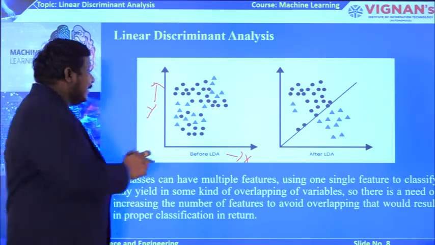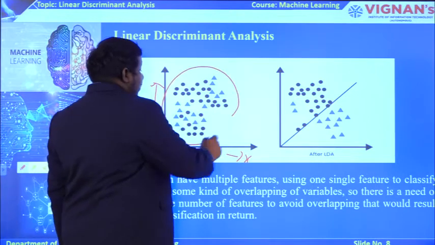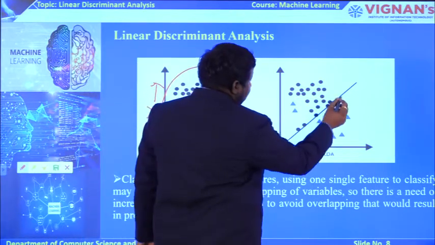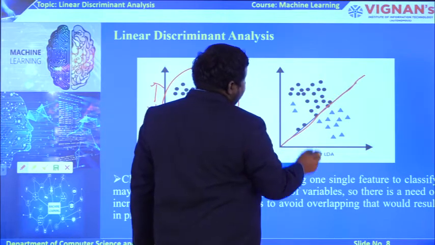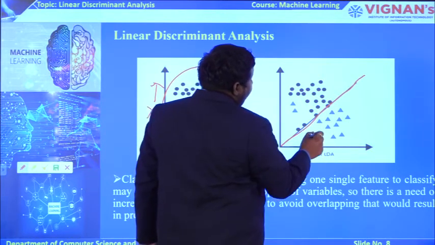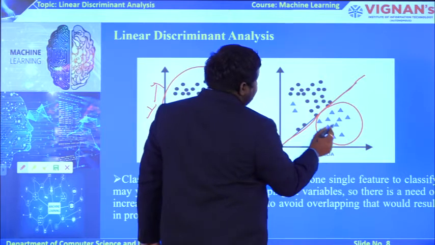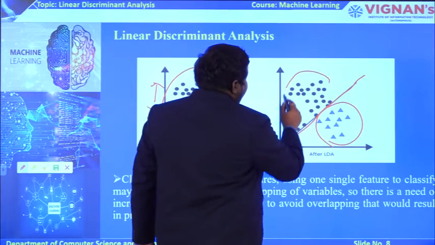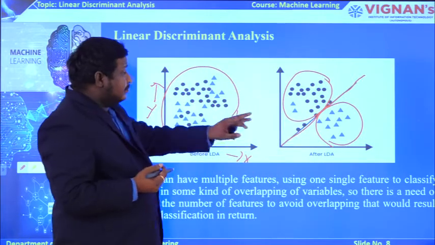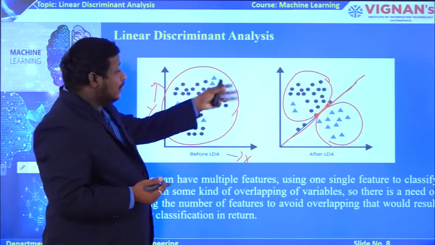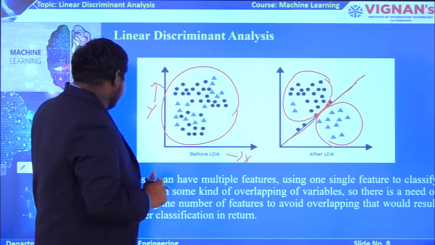Before LDA the data alignment is like this, after LDA it is like this. A straight line or an axis is generated between these 2 data sets where most of the data has been classified into the 2 groups, and maybe a very small amount of data is placed in the other group.